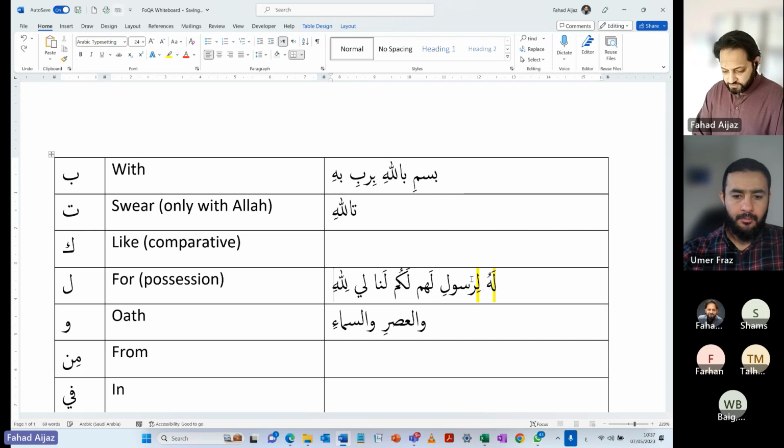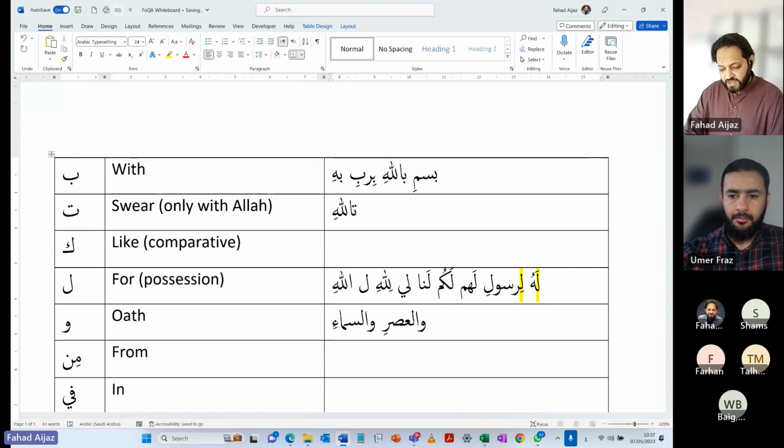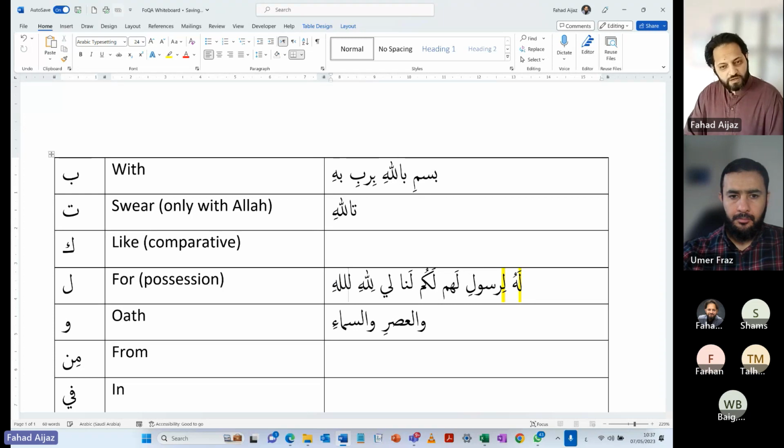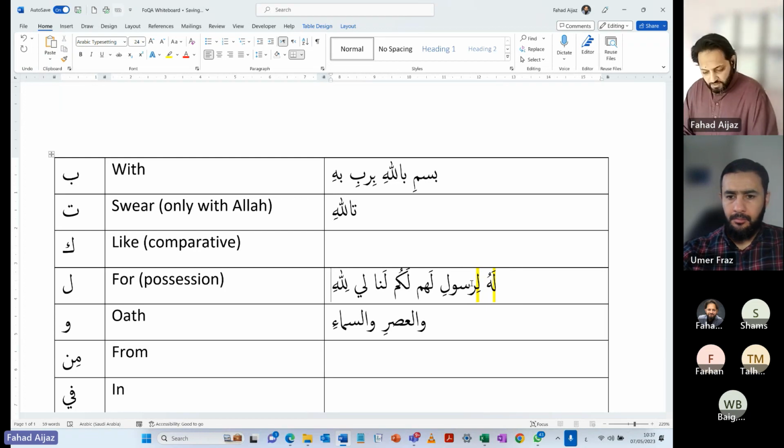It was Allahi, and there was a lam. When you attach a lam together, it becomes super unreadable. So you merge one lam together, and you make it lillah. That's how lillah is coming to the picture.